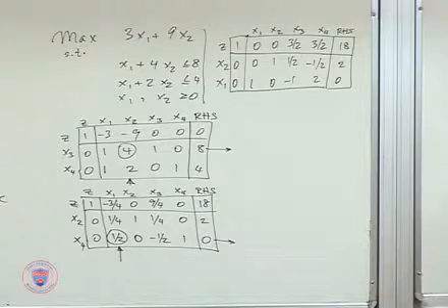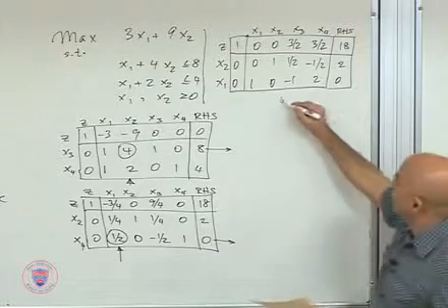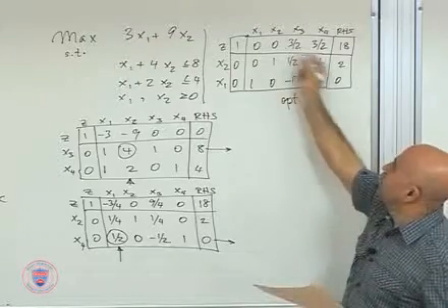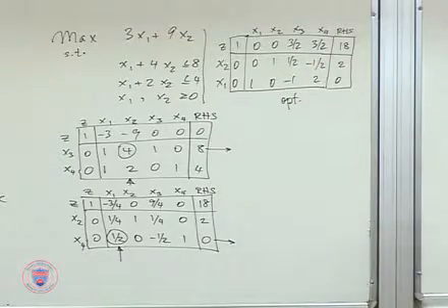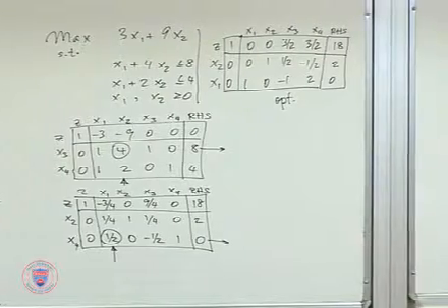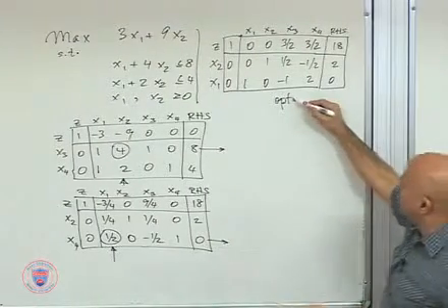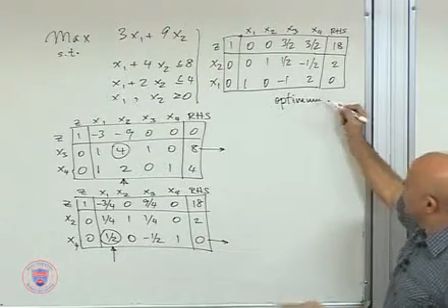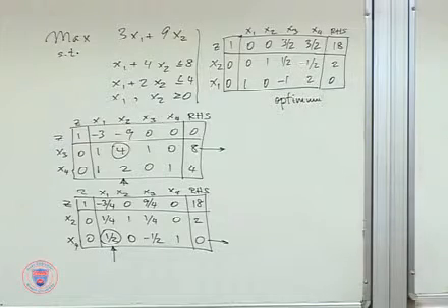That's the new tableau. And there's no reduced cost at the top row that is negative. So this is the optimum solution. Optimum basic feasible solution. Okay.